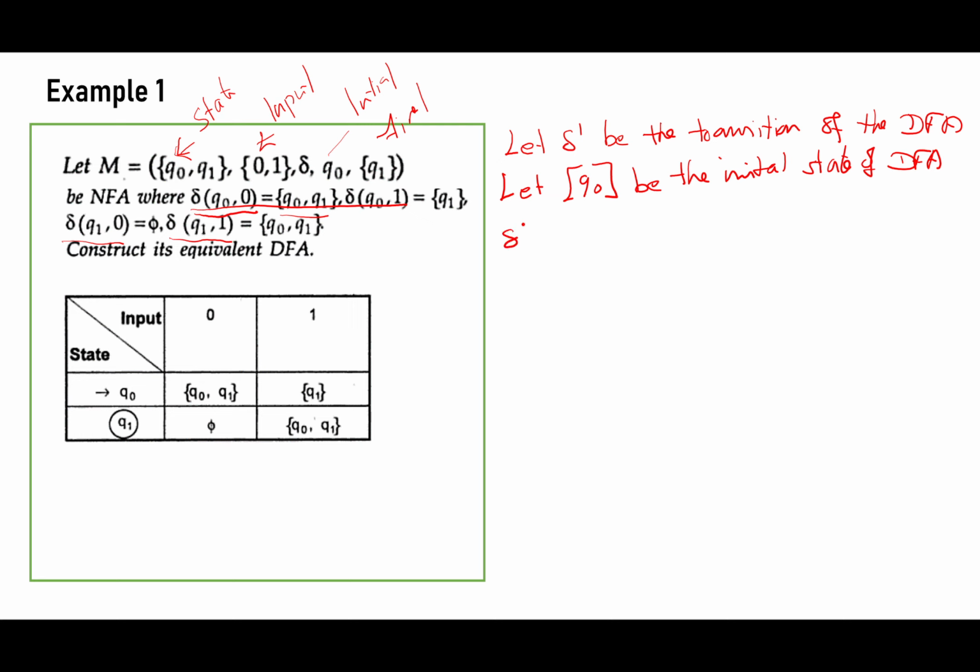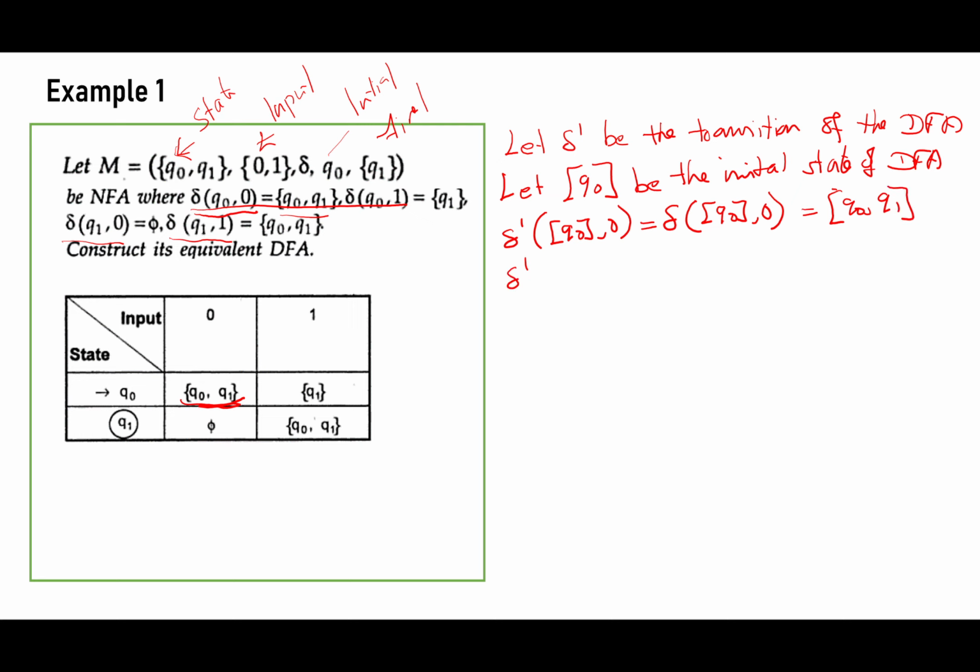Delta dash of q0 comma 0 can be written as delta of q0 comma 0. You can check the table: what is q0 comma 0? It is q0 q1. So it is equal to q0 q1.